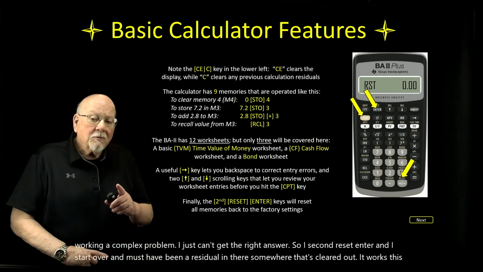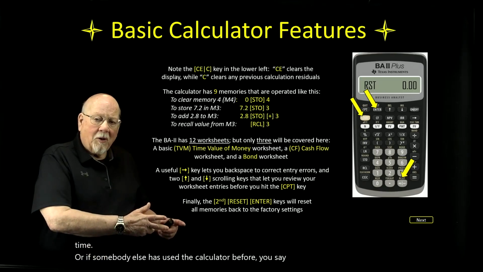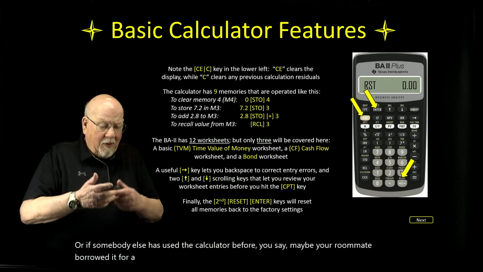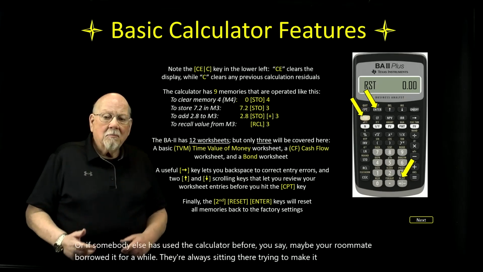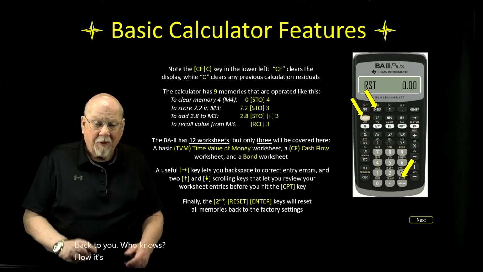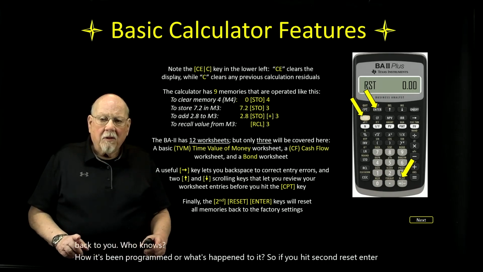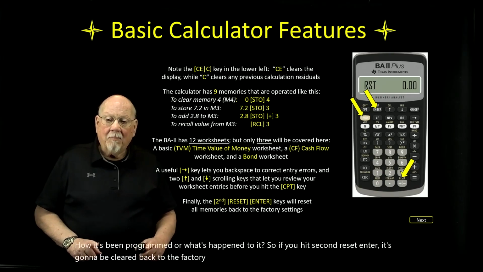Or if somebody else has used the calculator before you, say maybe your roommate borrowed it for a while, they're always sitting there trying to make it work. Well, it comes back to you, and who knows how it's been programmed or what's happened to it. So if you hit second reset enter, it's going to be cleared back to the factory settings just like it came out of the box.